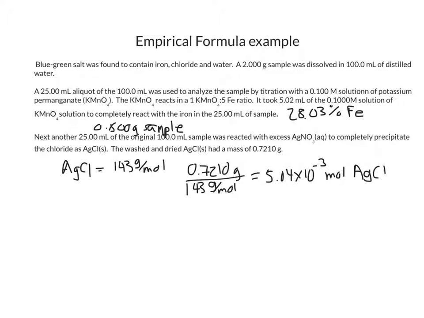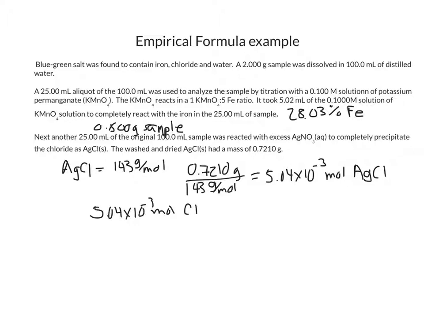And every silver chloride contains 1 chlorine, so I have the same number of moles of chlorine. So I have 5.04 times 10 to the minus 3 moles of chlorine.